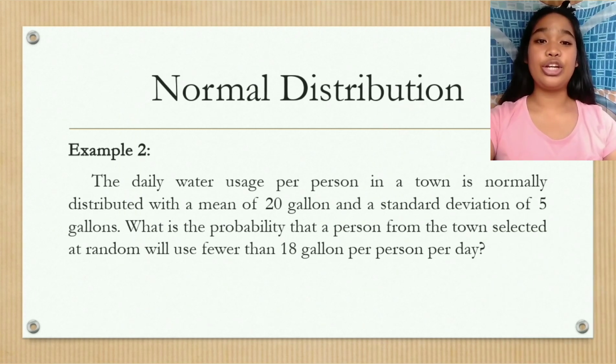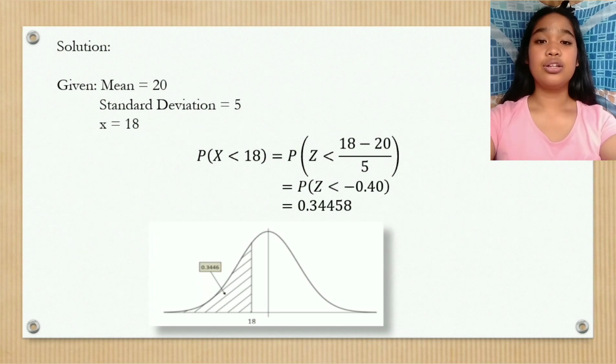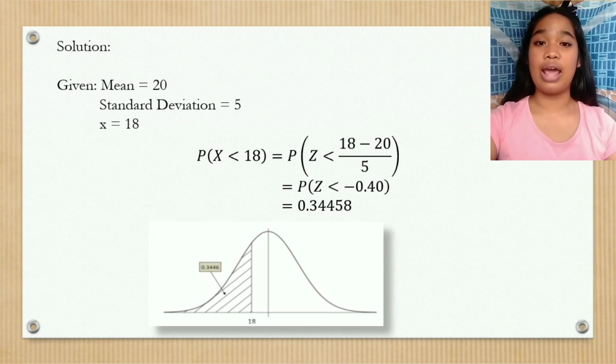Another example for normal distribution. The daily water usage per person in a town is normally distributed with a mean of 20 gallons and a standard deviation of 5 gallons. What is the probability that a person from the town selected at random will use fewer than 18 gallons per day? Solution. Given a mean equals 20, standard deviation of 5, and x equals 18.